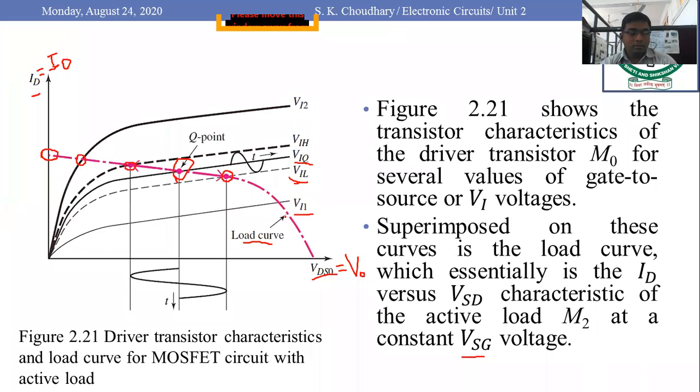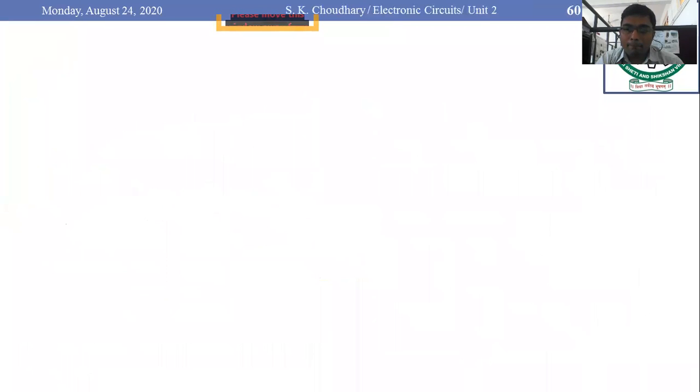So these changes occur as per the variation of the input voltage. For acting as a small signal amplifier, the best suitable region is VIQ, where we get the maximum symmetrical swing. So for this particular Q point, we will calculate the voltage gain.